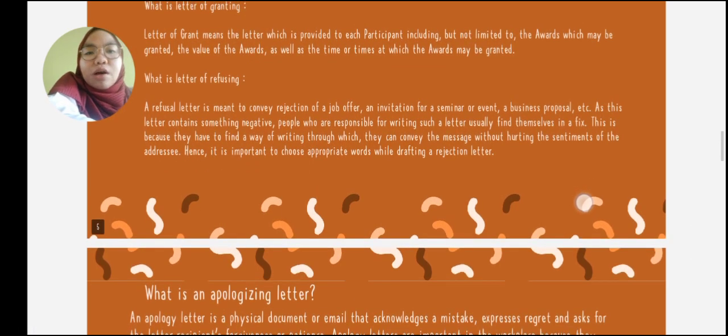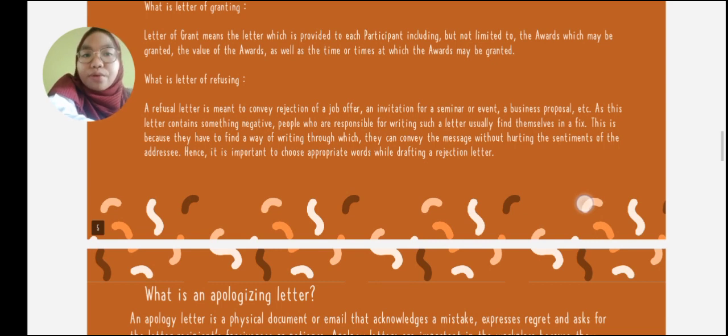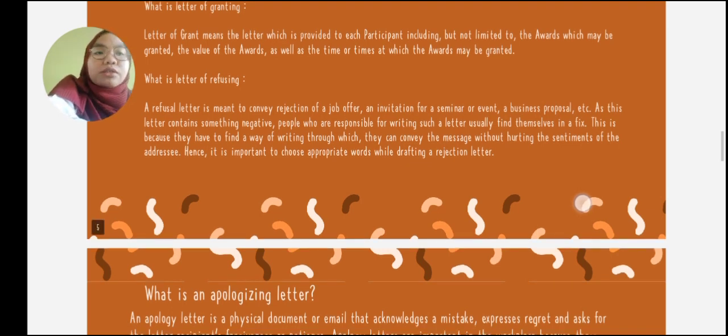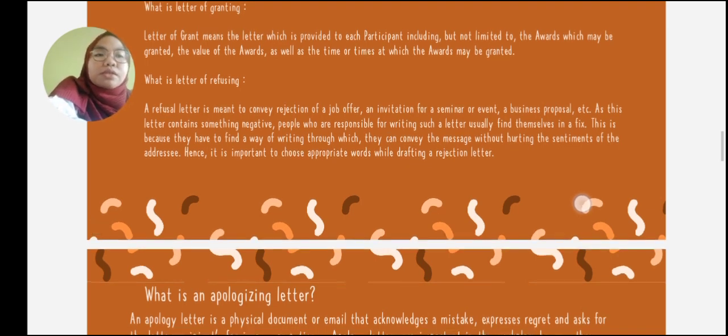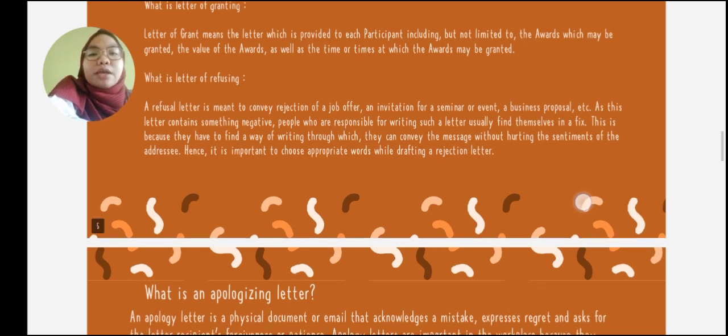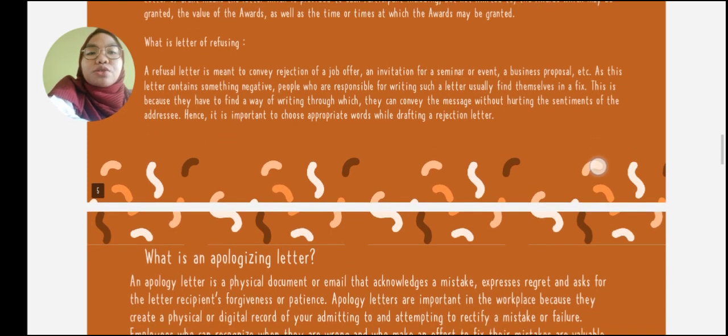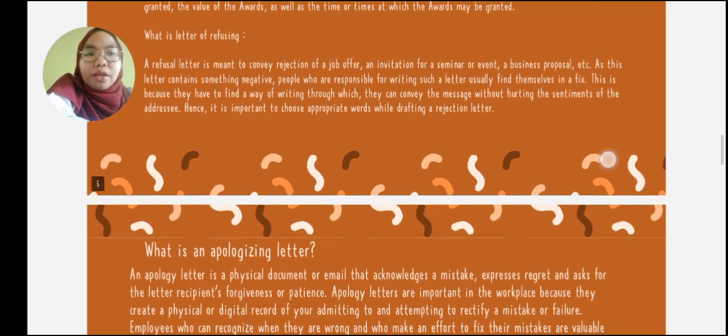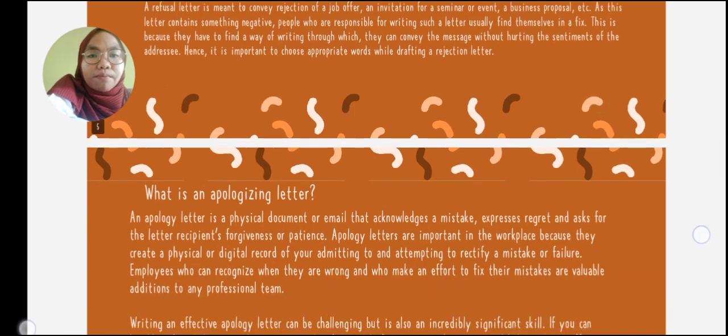This is because they have to find a way of writing through which they can convey the message without hurting the sentiments of the addressee. Hence, it is important to choose appropriate words while drafting rejection letters.